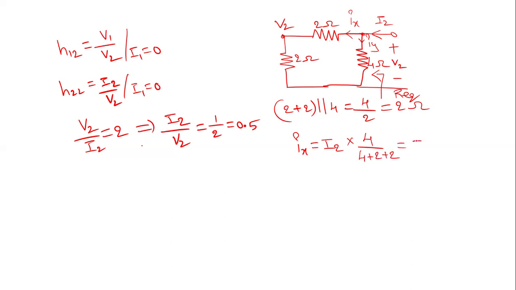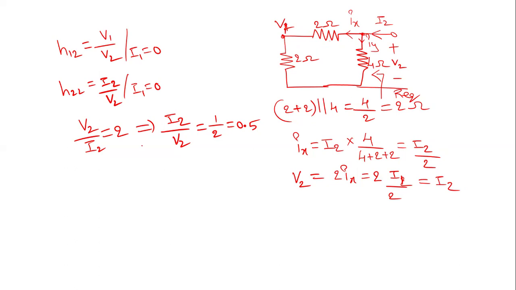So this is I2 into 4 by 8, which is I2 by 2. What is V2 in terms of Ix? V2 is 2 into Ix, which is 2 into I2 by 2, equal to I2.